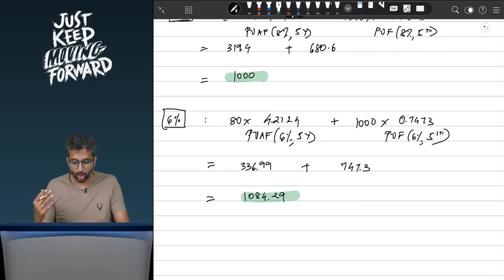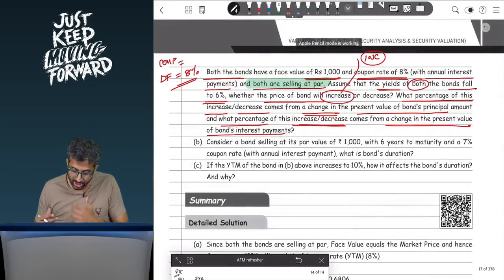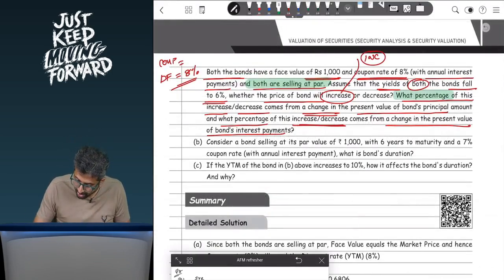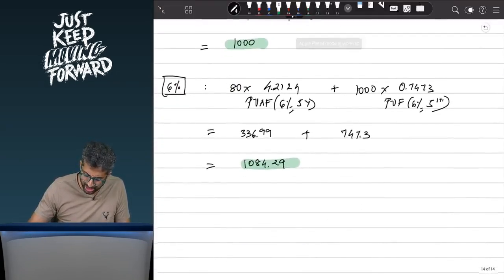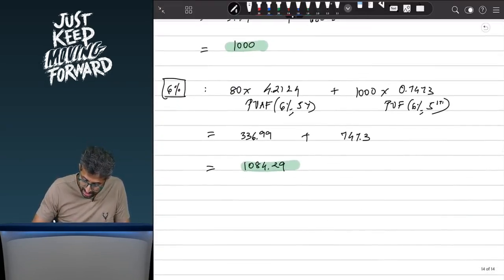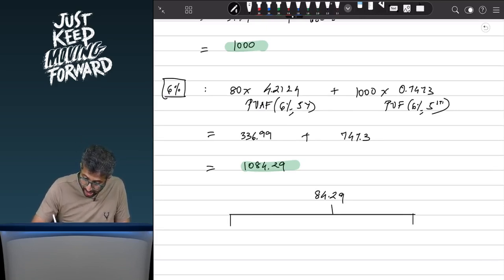However, the question asks what percentage of this increase or decrease comes from changes in the present value of the bond's principal, and what percentage comes from changes in the present value of the bond's interest payment. So at the end of the day, the price is increasing by 84.29, that is 1000 to 1084. A part of this increase is due to a change in the value of interest. A part of this increase is due to a change in the value of principal. Can you find out how much?